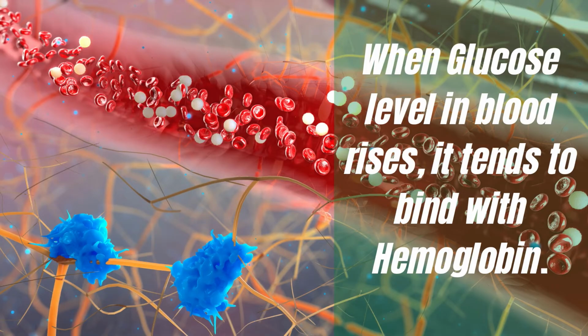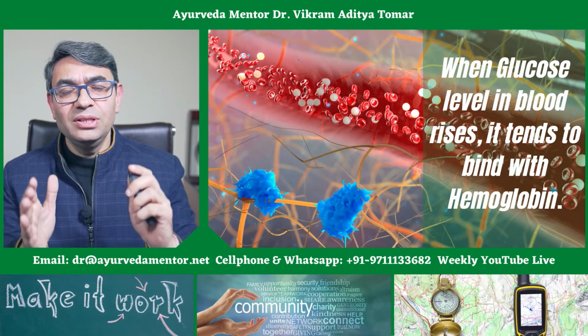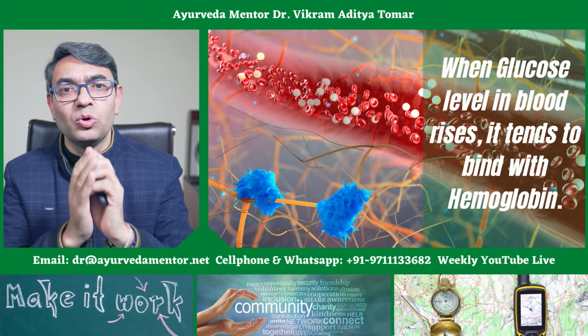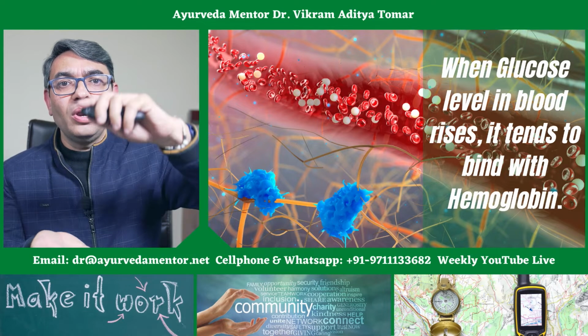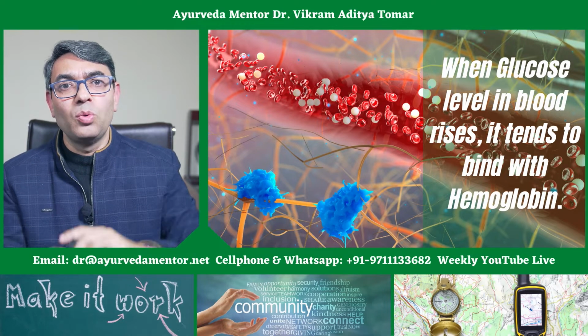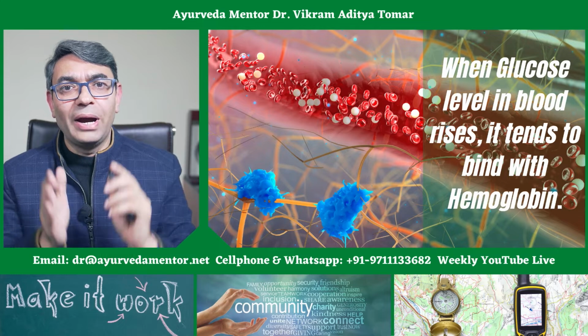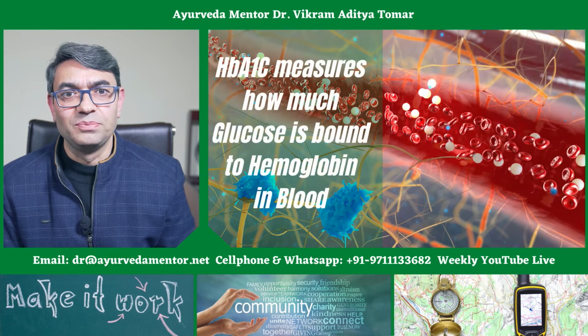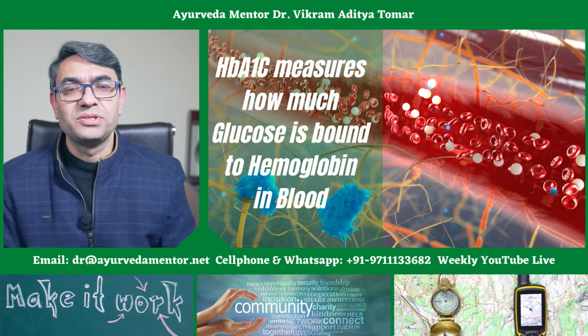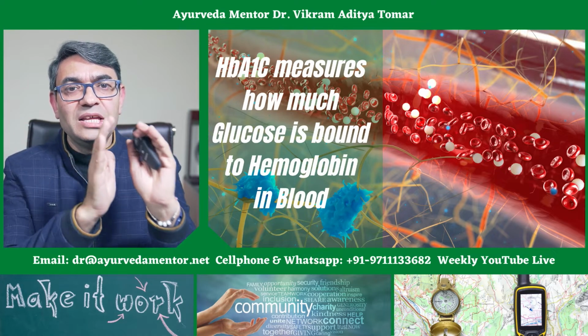When the level of blood glucose is rising, it has a tendency to bind with, to associate with hemoglobin. So when the level of blood glucose is rising more and more, it has more and more tendency to bind with hemoglobin. Now you can understand the medical terms. We have two words here, glucose and hemoglobin.